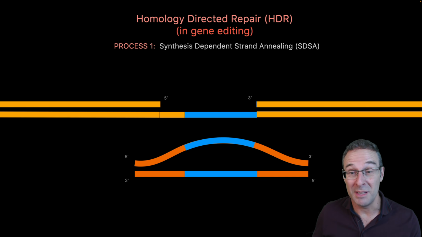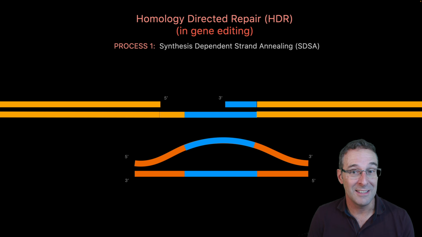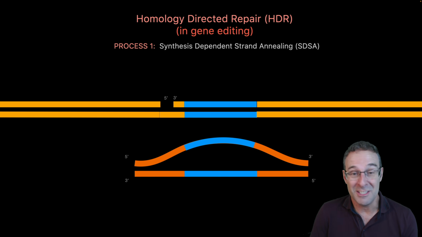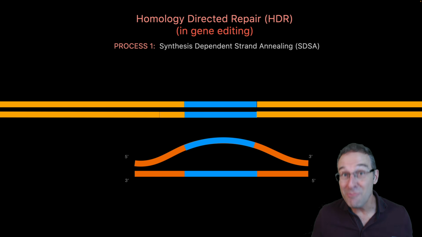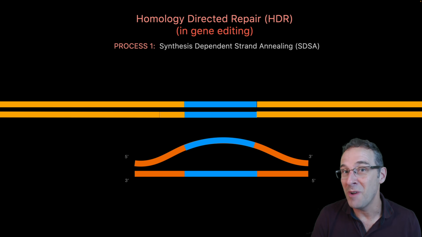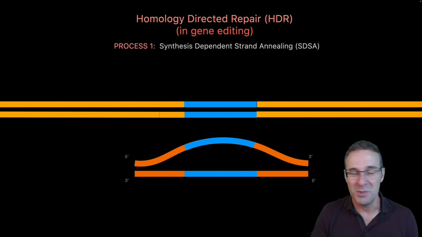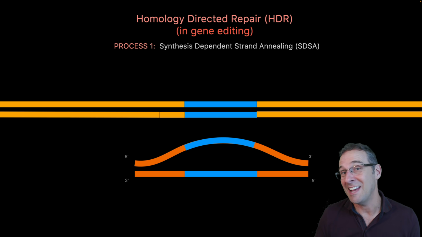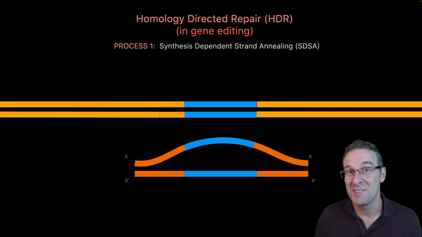And then DNA polymerase will extend the 3' end using that repaired piece of DNA as a template to repair the other strand. So we end up with a break repair which has incorporated the foreign gene that was introduced on those synthetic bits of DNA that were added with homology arms. It's pretty cool, isn't it?